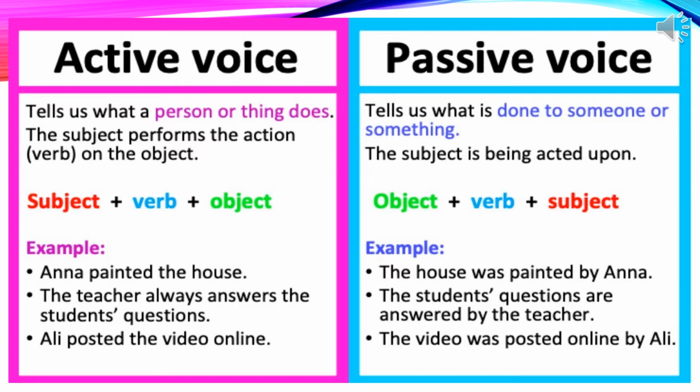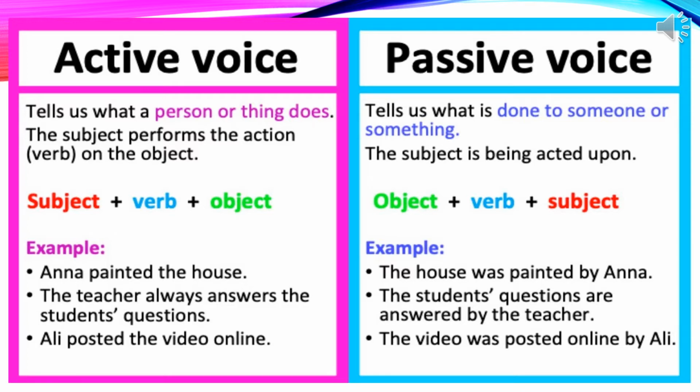See the other side, the teacher was actively performing, but here the teacher is passively receiving the action. And see the next example. The video was posted online by Ali. So remember, in active voice the subject performs the action, whereas in passive voice, the subject passively receives the action.